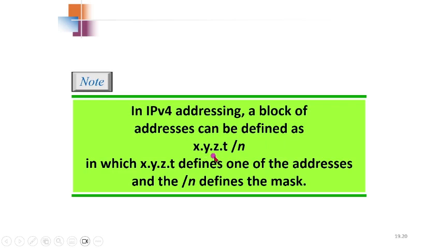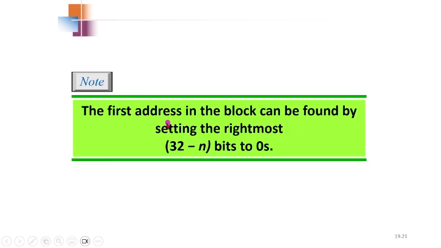The /n defines the mask, the number of bits in the mask. The first address in the block can be found by setting the rightmost 32 minus n bits to 0.